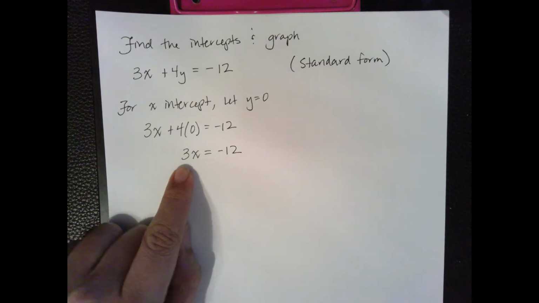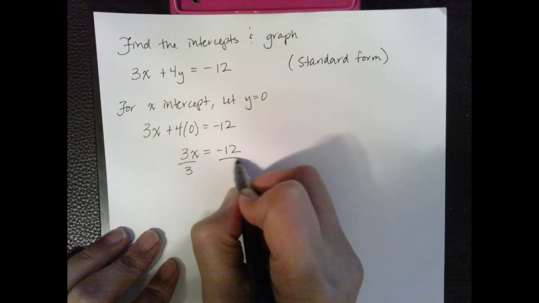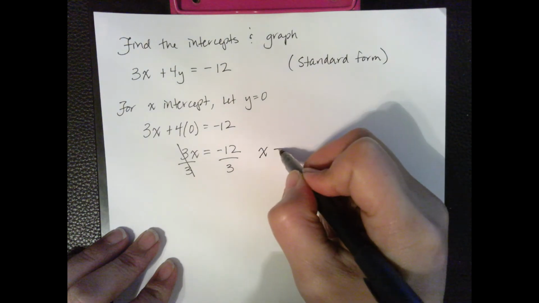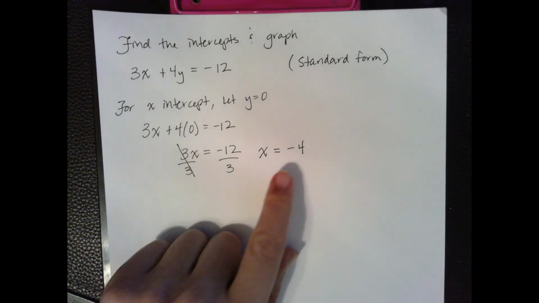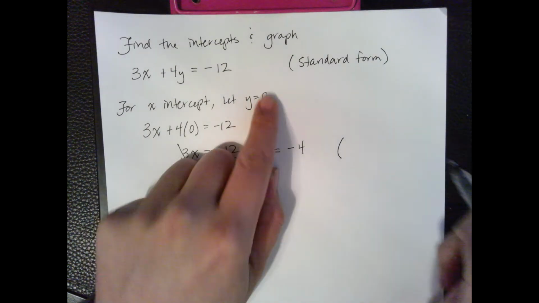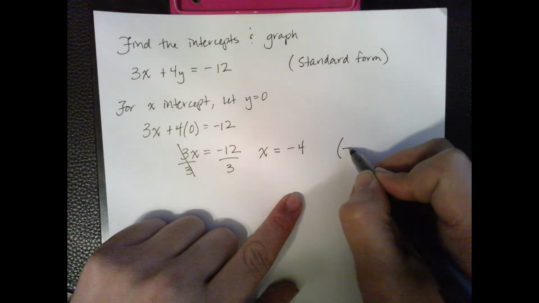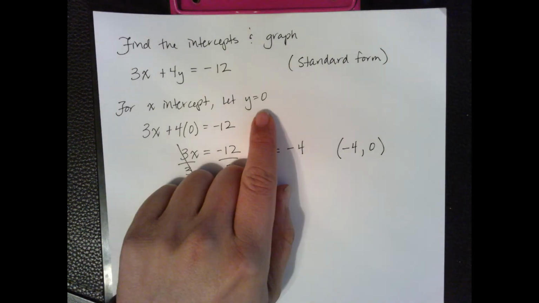Now to get x by itself, I have to divide both sides by 3. This reduces to 1. And here x equals negative 4. Okay, so if x is negative 4 and I let y be 0, my x-intercept here is the point (negative 4, 0).